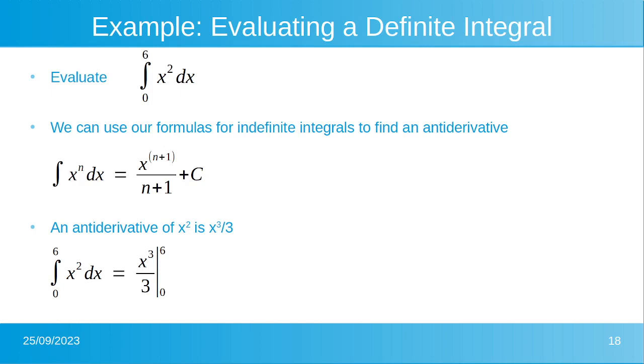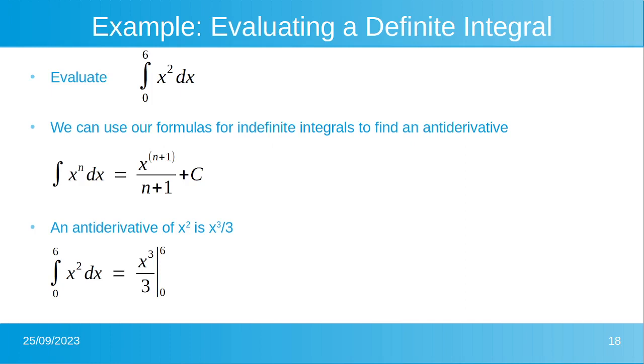That result gives us the set of all antiderivatives of our function. So if we remove that plus c, that gives us one antiderivative of our function, x raised to the power of n plus 1 divided by n plus 1. If we substitute in n is equal to 2, where our f of x is equal to x squared, we get that an antiderivative of x squared is x cubed divided by 3.